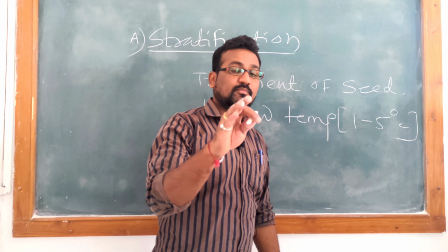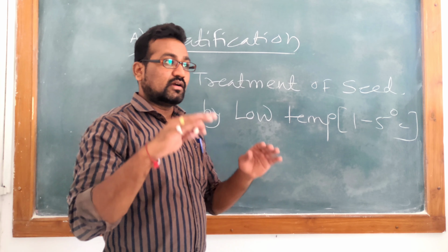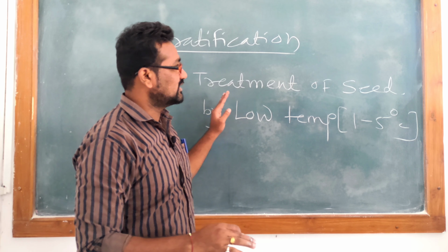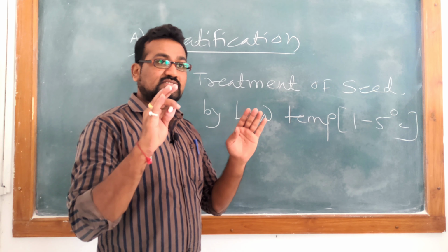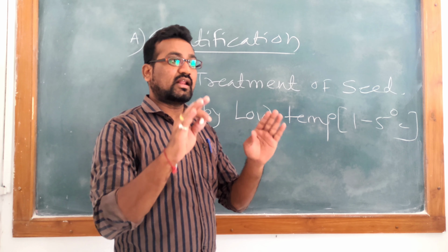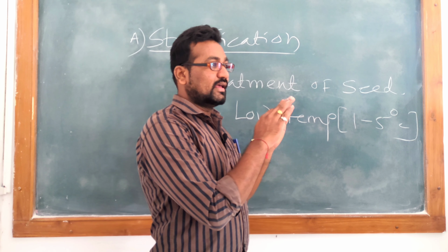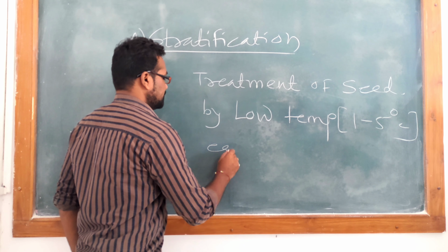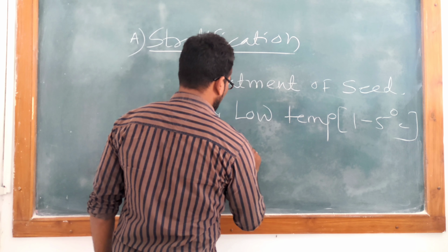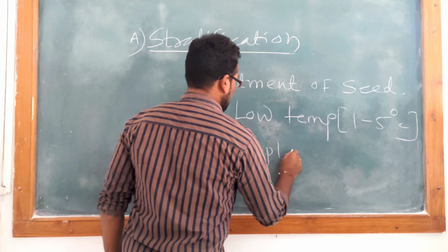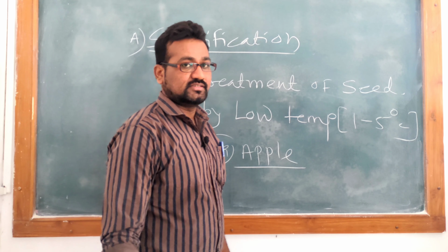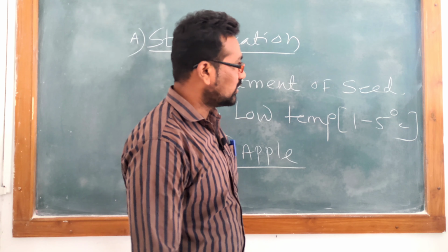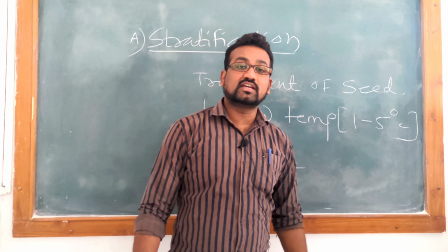But it is important to remember that not all seeds from all species are treated by this stratification method. There are several plant species which normally grow in areas where ice fall generally takes place. For example, the photograph is indicating a beautiful plant. Apple seeds generally require this stratification treatment, otherwise these seeds will not germinate.